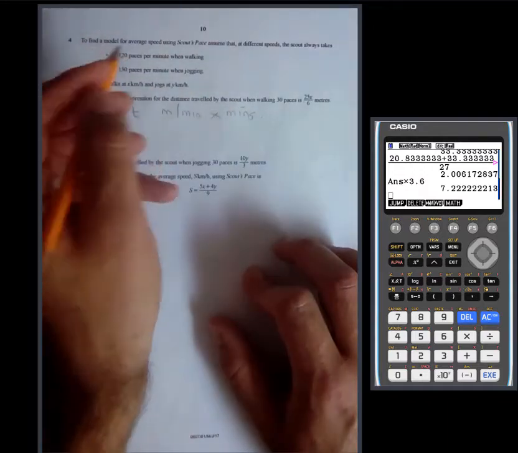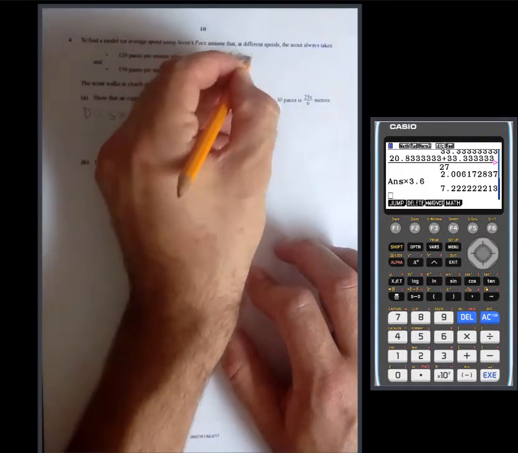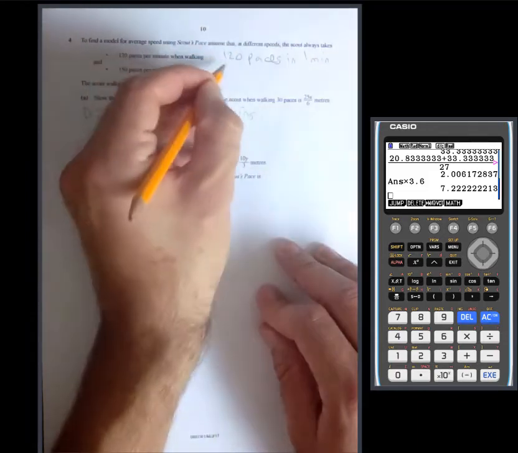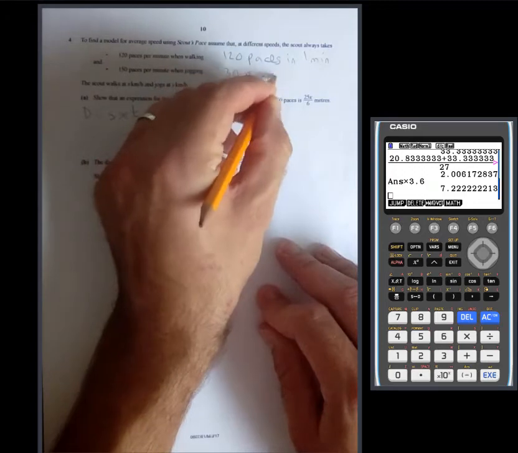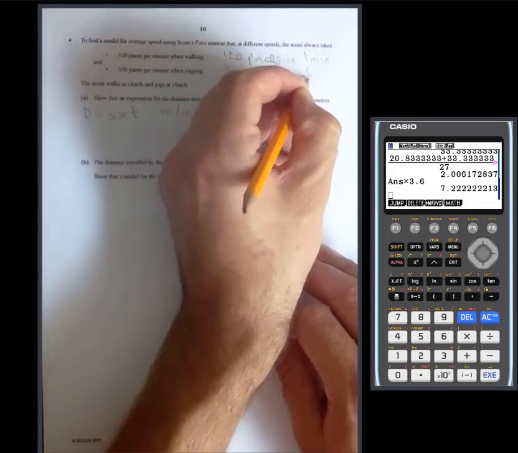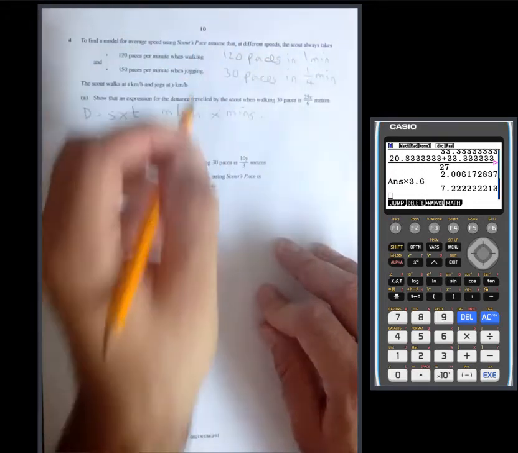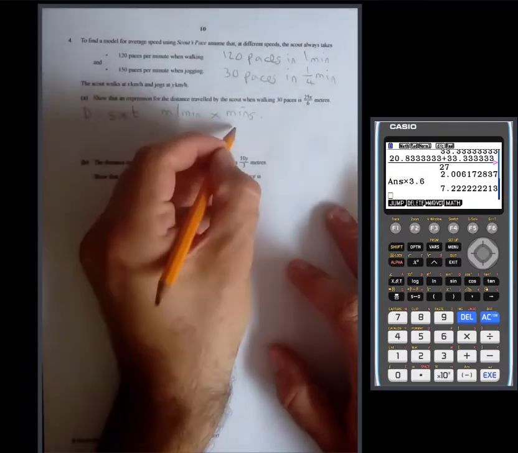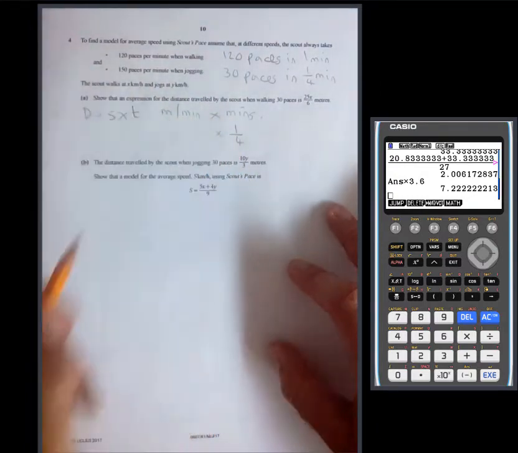So if we do 120 paces in 1 min, that must be 30 paces in, well, it must be a quarter of a min. You just divide by 4, right? So a quarter of a minute will be the time, times 1/4.